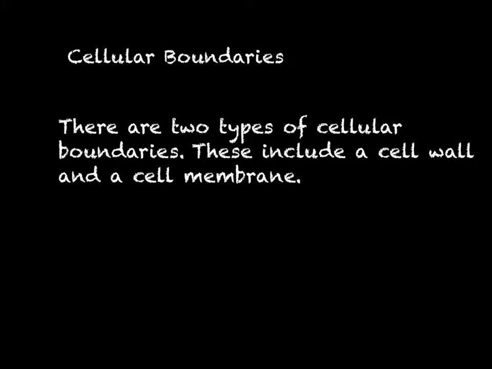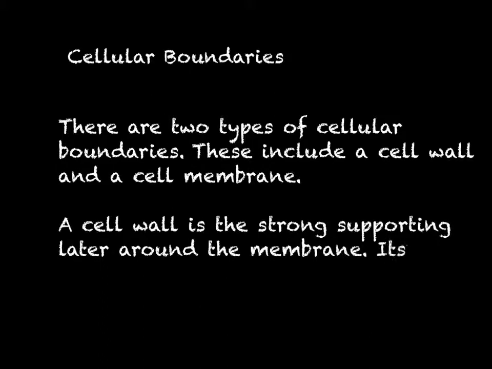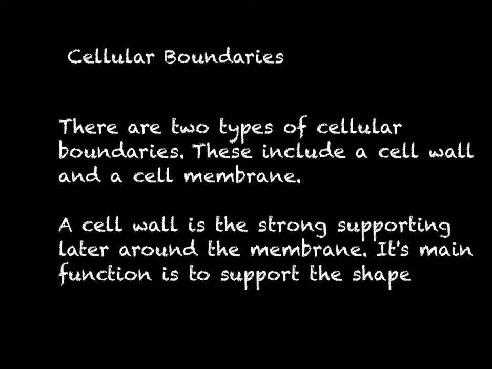We are going to talk about a cell wall first. Now, a cell wall is the strong supporting layer around the membrane. Its main function is to support the shape of a cell and to protect it.